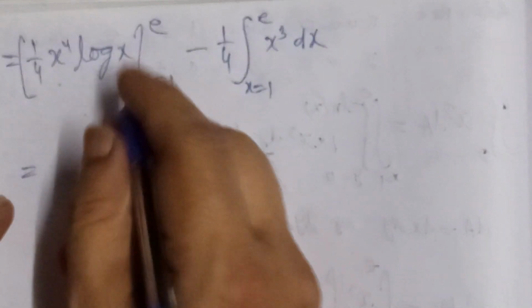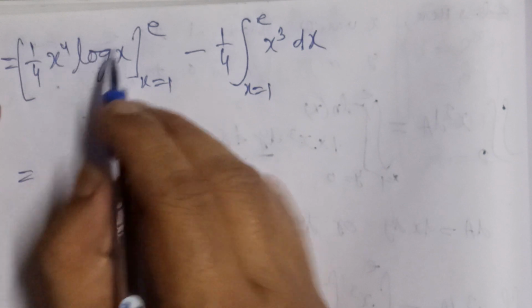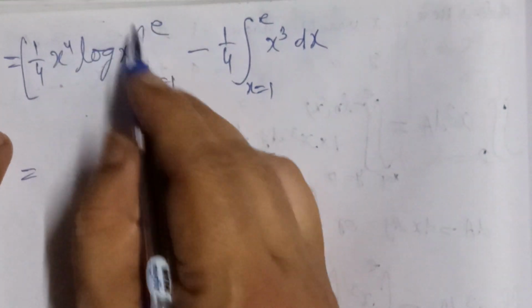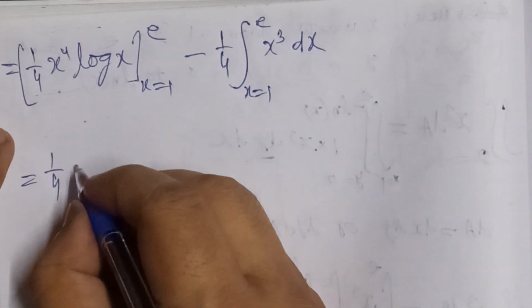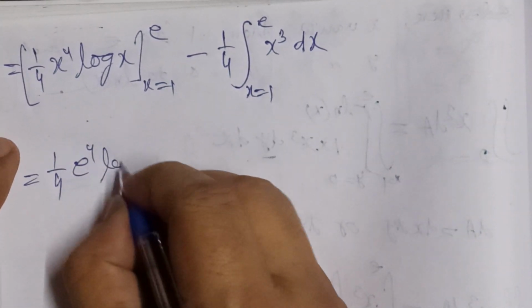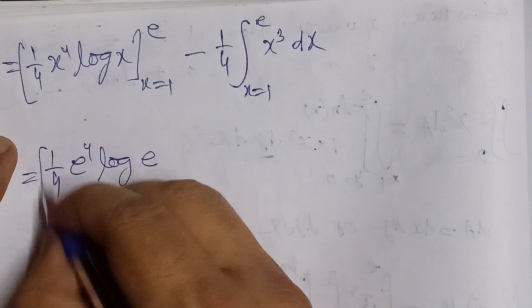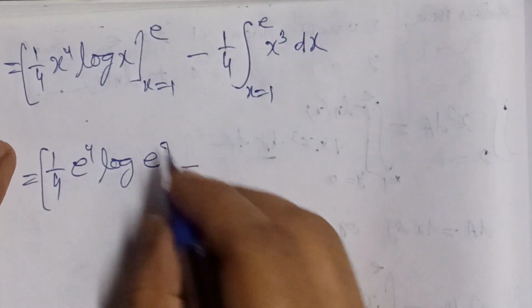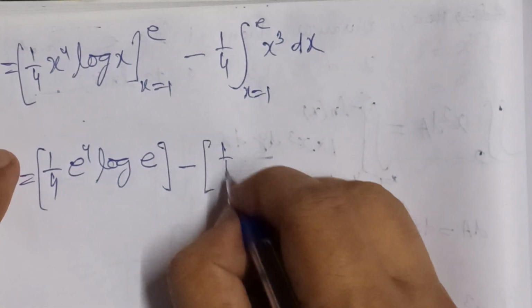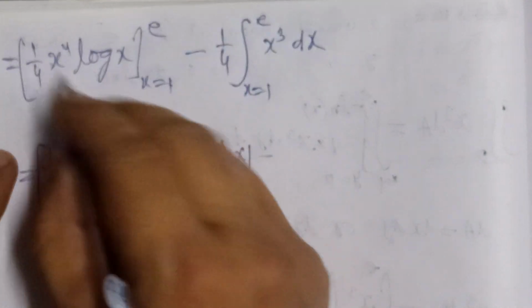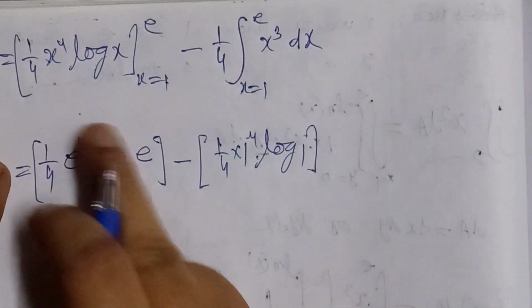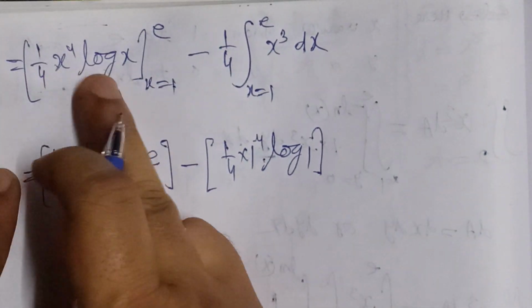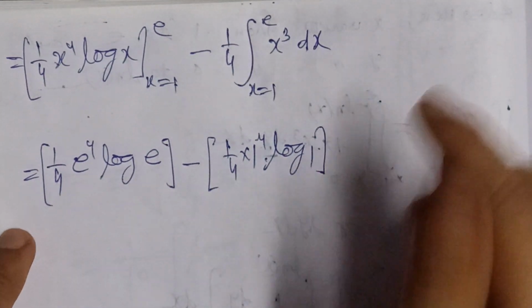You can put in the values of the upper and lower limits. First put x equal to e in place of x for the upper limit, minus the lower limit, for which you put x equal to 1. This term is completed here.